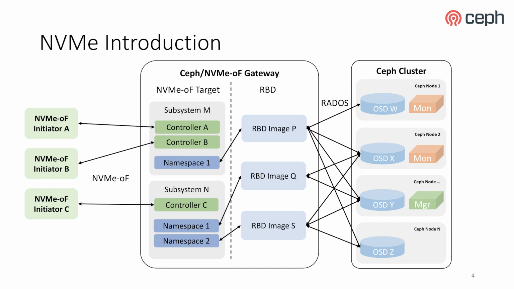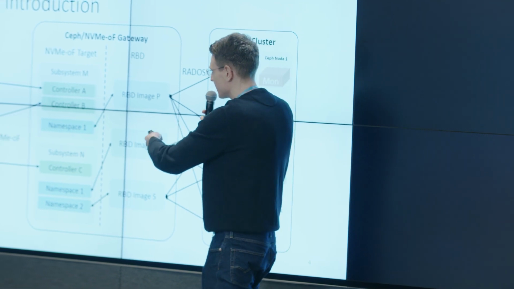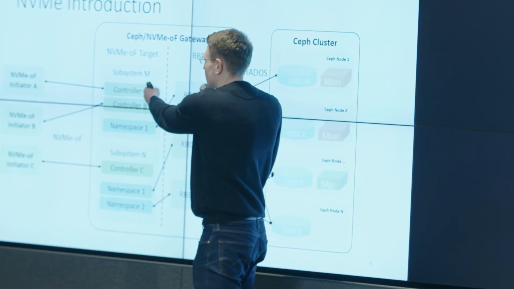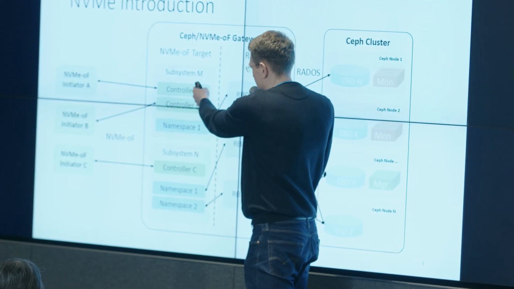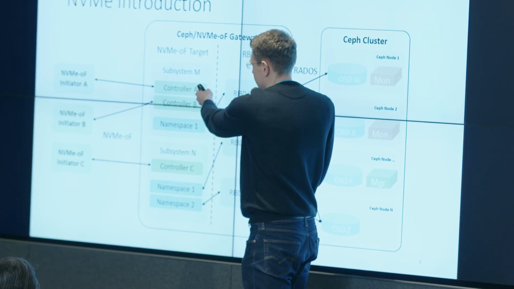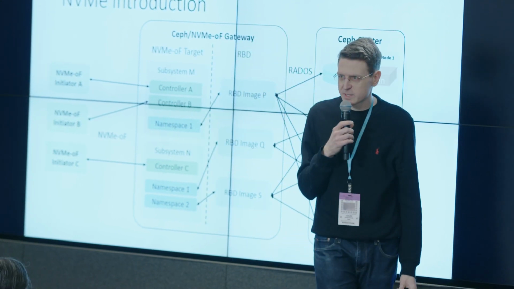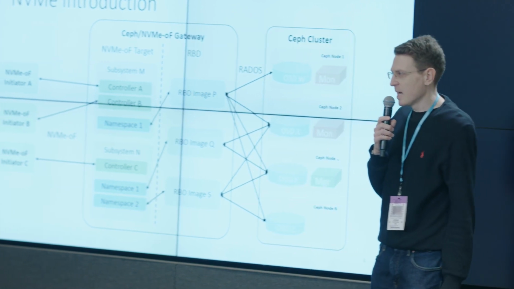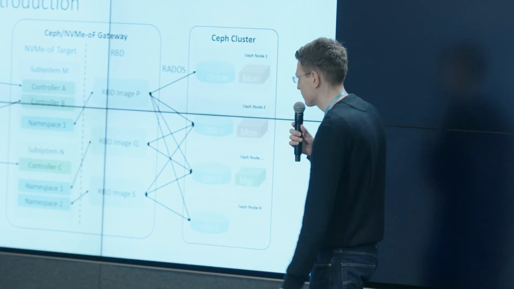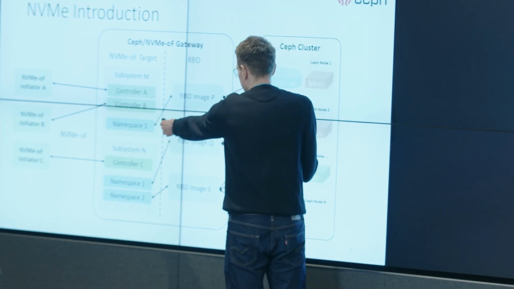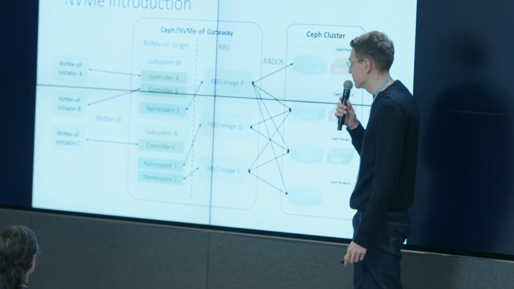And namespaces are logically grouped into subsystems, and each subsystem typically can have multiple listeners attached to it. And as soon as a client connects, it typically creates a controller, or there might be a controller already there, but it connects to a controller, and the controller is basically responsible for issuing the actual I/O, executing your operations against the namespace, which we map then to an RBD image.